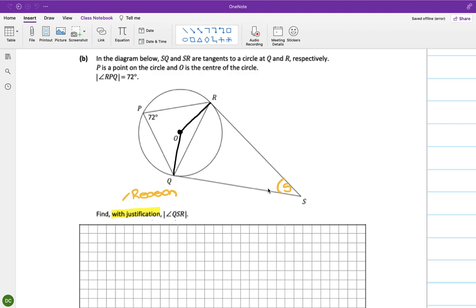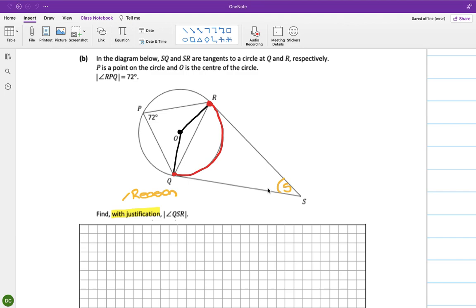If I do this, why? Yeah, the angles are on the same arc.